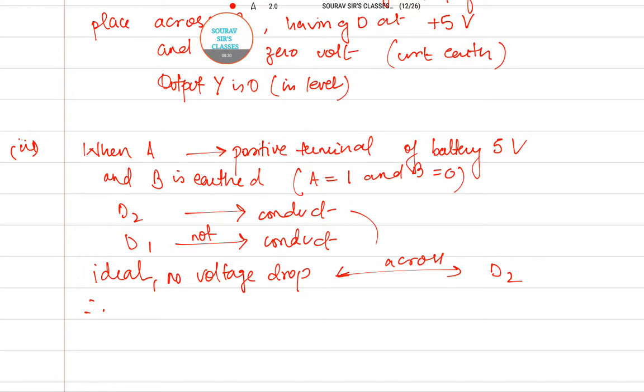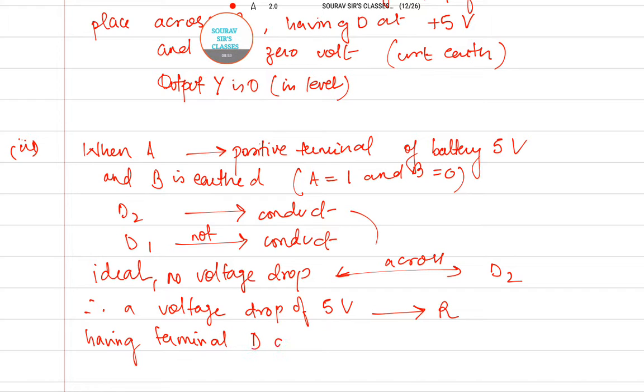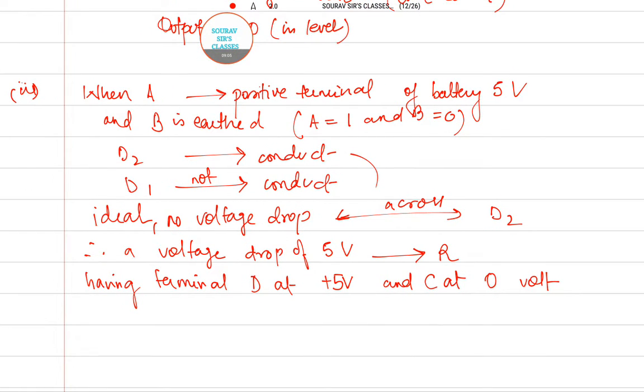Therefore, there will be a voltage drop of 5 volts across R, having terminal D at plus 5 volts and C at 0 volt. This is with respect to earth. Now this output, which is denoted by Y, is 0 in level.